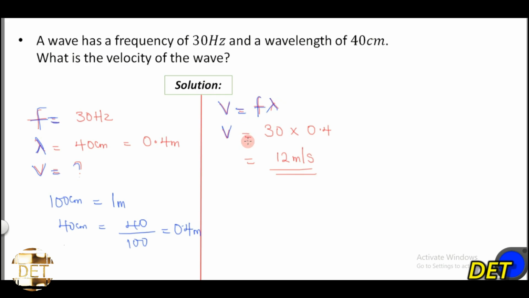So V, which is the velocity, is equal to 30, which is the frequency, 30 Hz, times 0.4 meters, which is the wavelength. So that will be 30 times 0.4. If you punch that in your calculator, that will give you 12 meters per second. So our velocity is equal to 12 meters per second. This is our final answer. It's very simple and straightforward too.